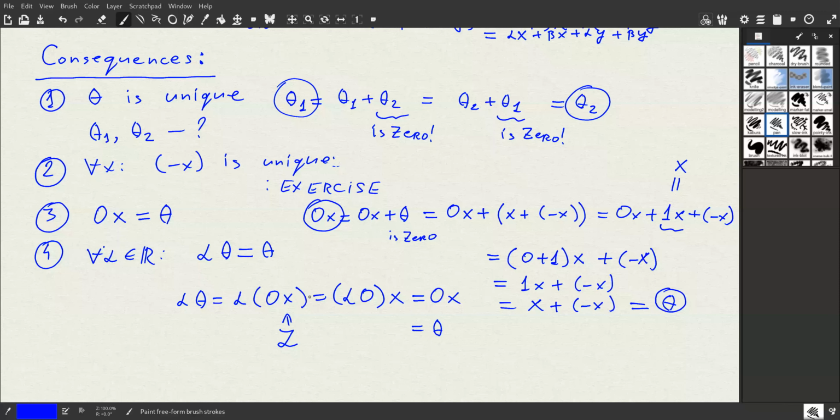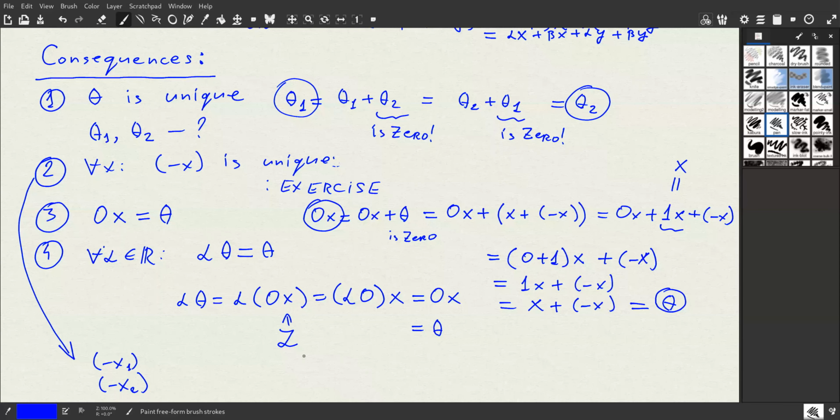What do we do? We can suppose that there exist two such minus x, for example, minus x sub 1 and minus x sub 2. You are right. And we know that x plus minus x1 is equal to theta, and x plus minus x2 is equal to theta.